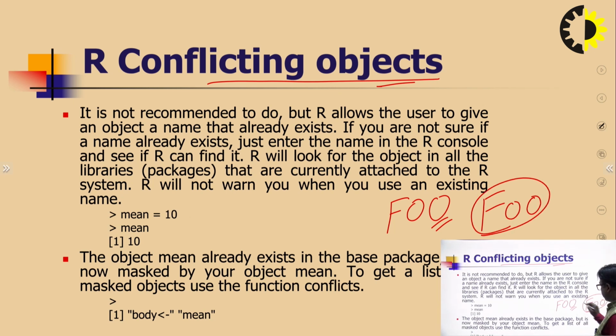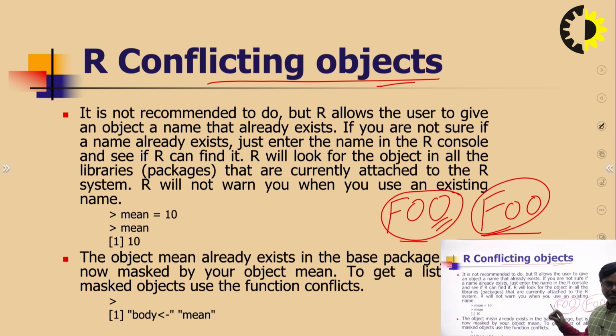These two look like the same name, but since this programming language is case sensitive, these two are different objects here. So we are not going to be confused by these particular objects.